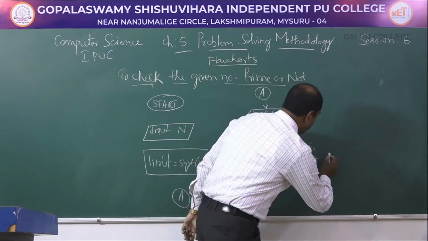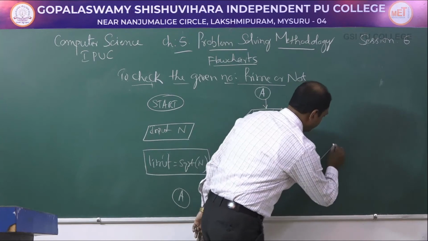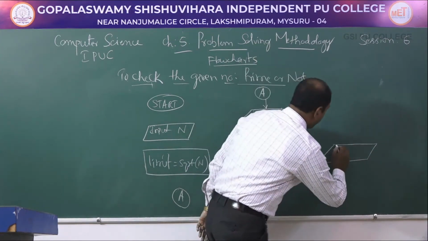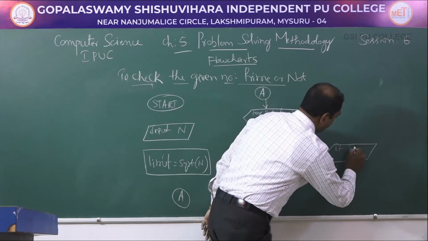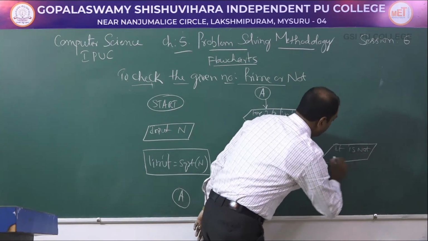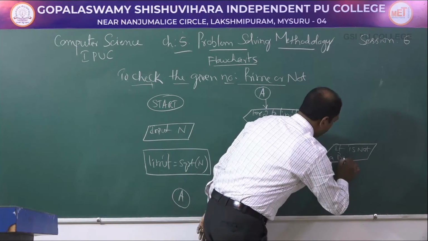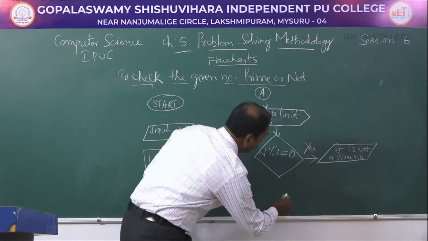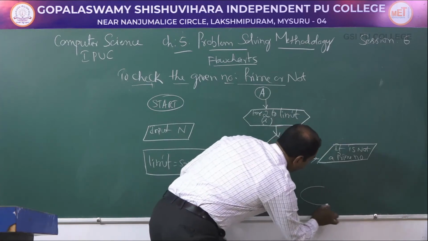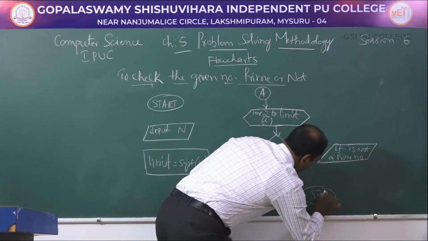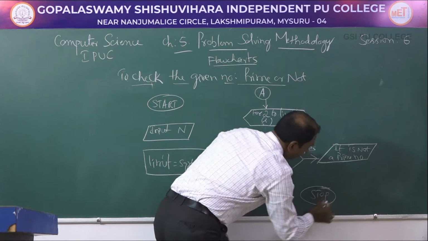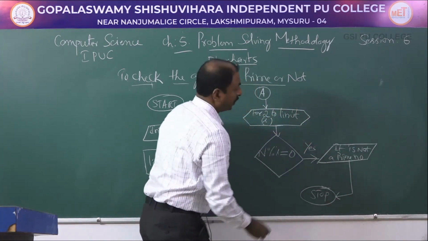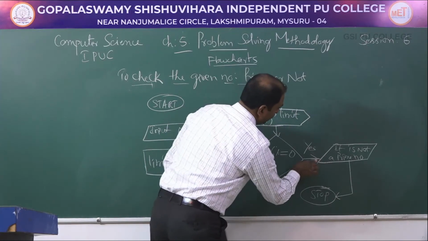So if it is yes, we have to print it is not a prime number. Then we have to stop this flowchart. This is how we are connecting.